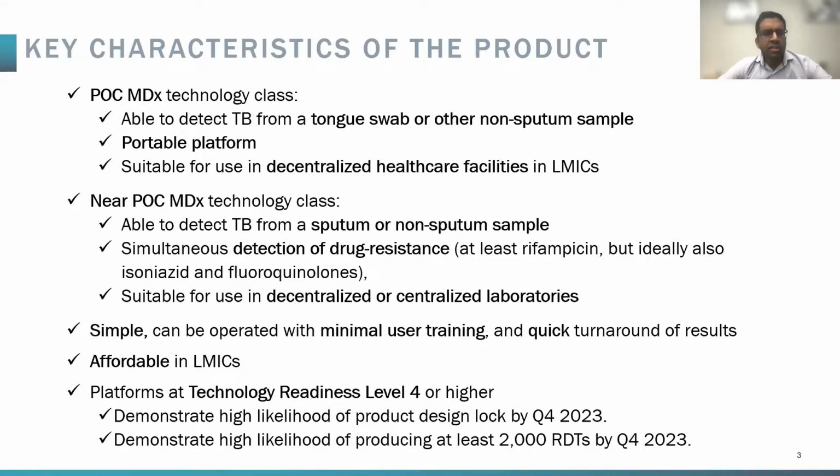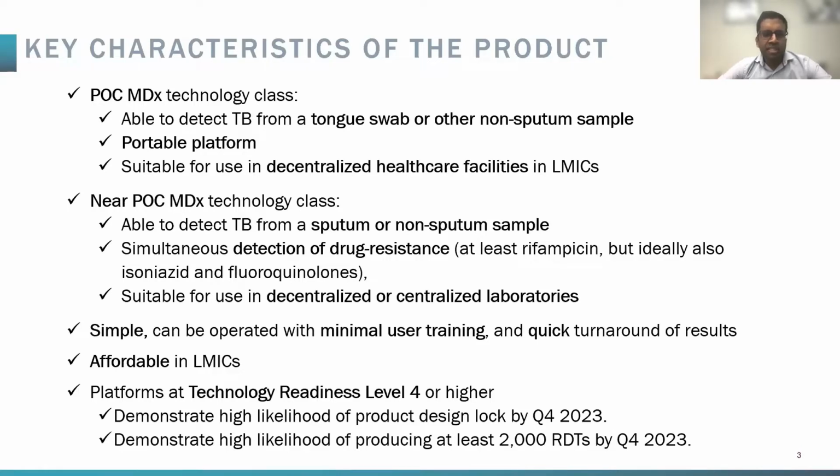In contrast, the near point of care molecular diagnostic technology class should be able to detect TB from a sputum or a non-sputum sample, but also be able to simultaneously detect drug resistance, at least rifampicin, but ideally isoniazid or fluoroquinolones. It should be suitable for use in decentralized or centralized laboratories.